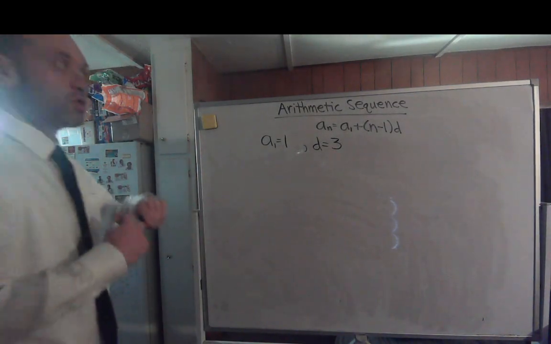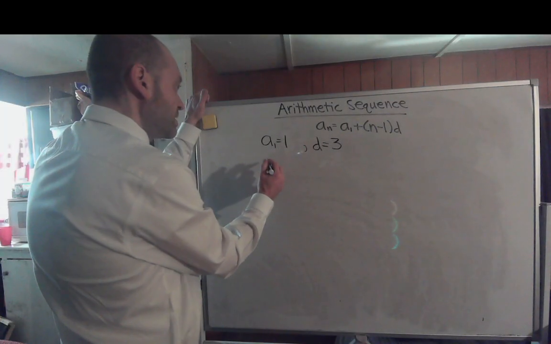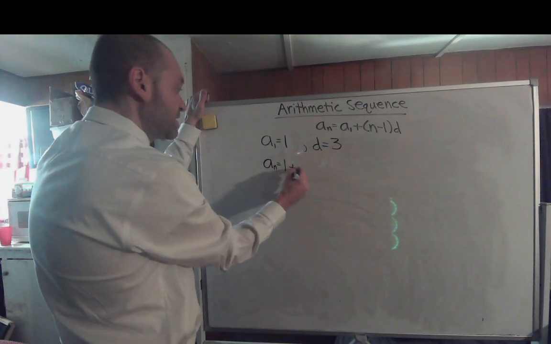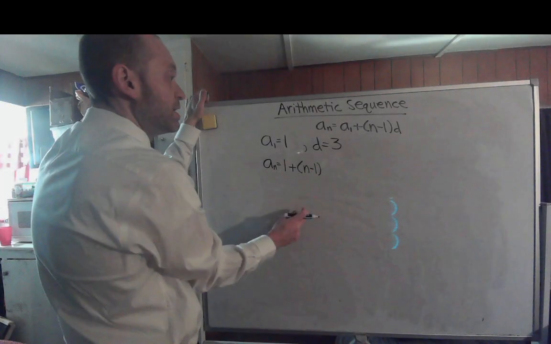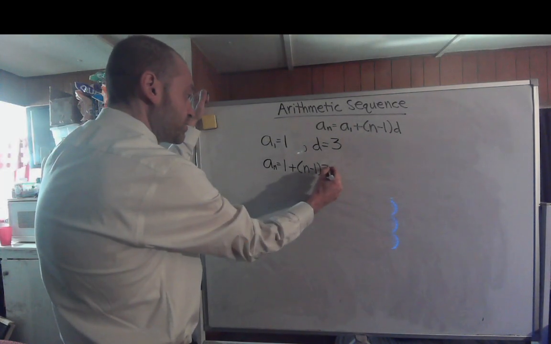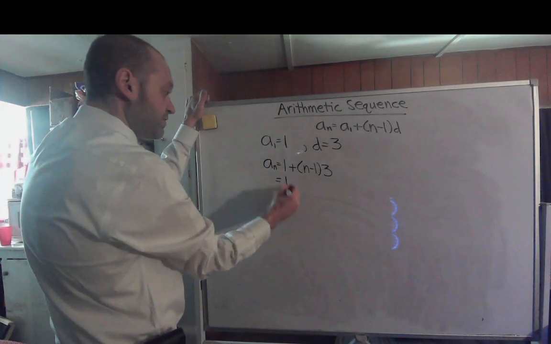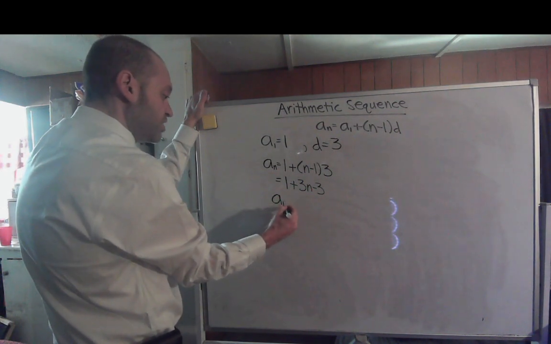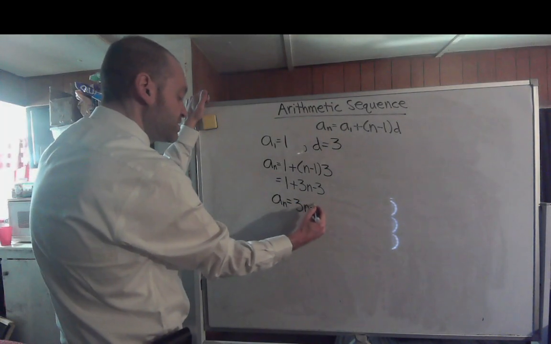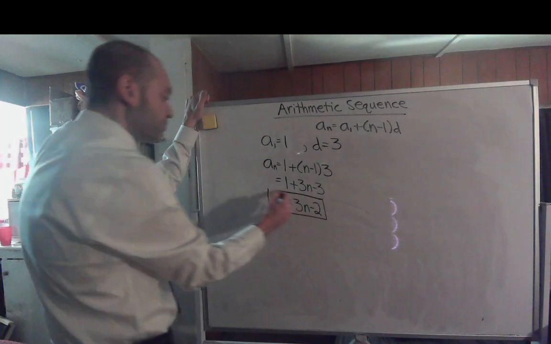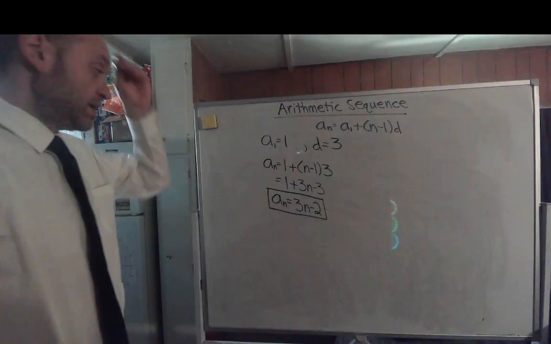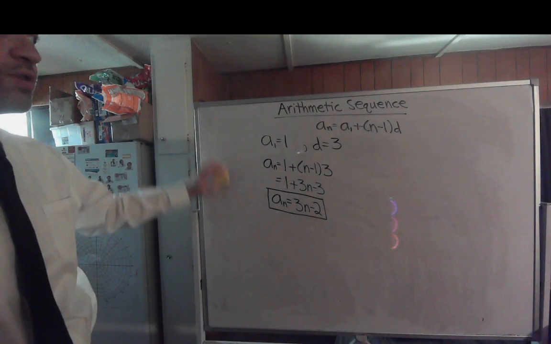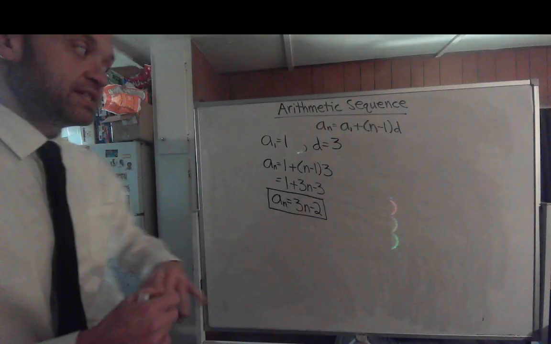You can just take a sub n equals a sub 1, which is 1, plus the quantity of n minus 1, times your common difference, which is 3. This will simplify into 1 plus 3n minus 3, which means your final answer should be 3n minus 2. A sub n would equal 3n minus 2. If they give you the first term and a common difference, they've practically given you the answer already. All you have to do is plug those into the formula.